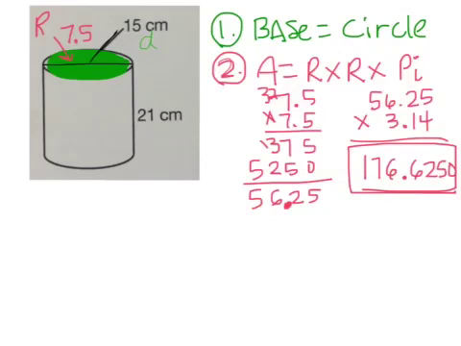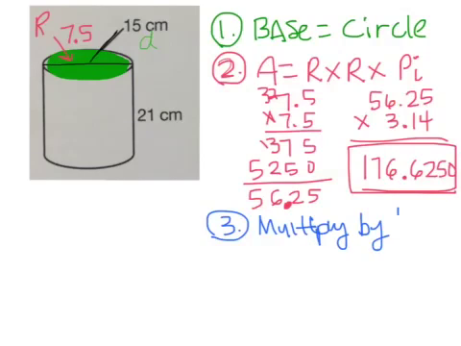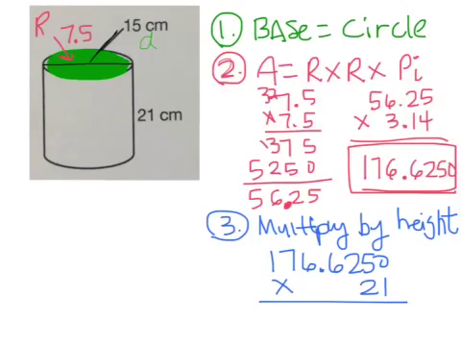I'm not done, because the third and final step when finding volume is multiply by the height. So I need to multiply 176.6250 times the height of this object, which is 21.